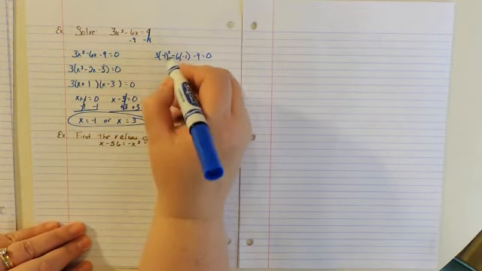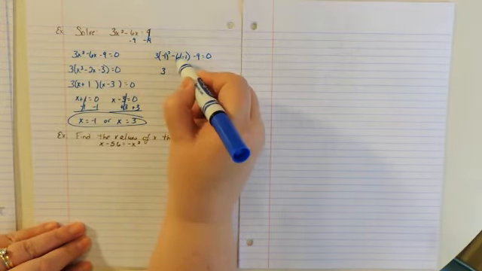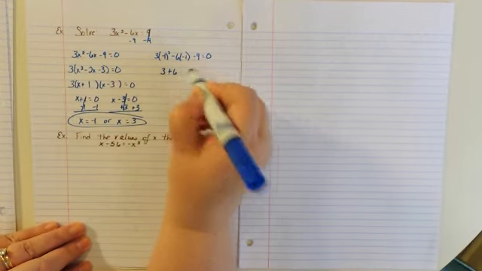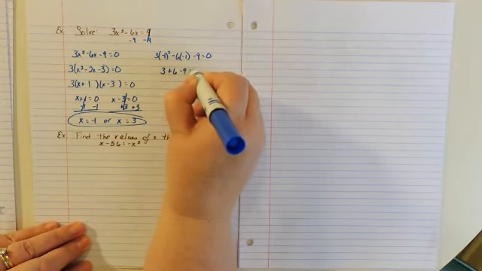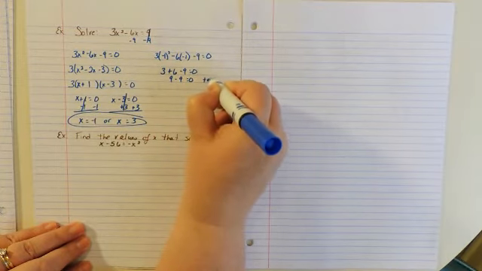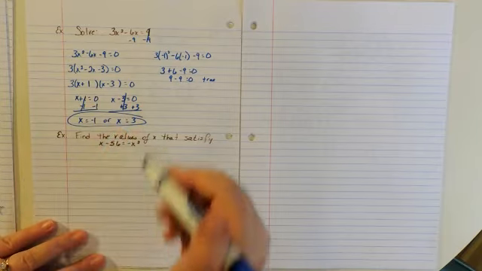Negative 1 squared is 1, so this is going to be 3. Negative 6 times negative 1 is positive 6 minus 9 equals 0, and this is 9 minus 9 equals 0, which is true.